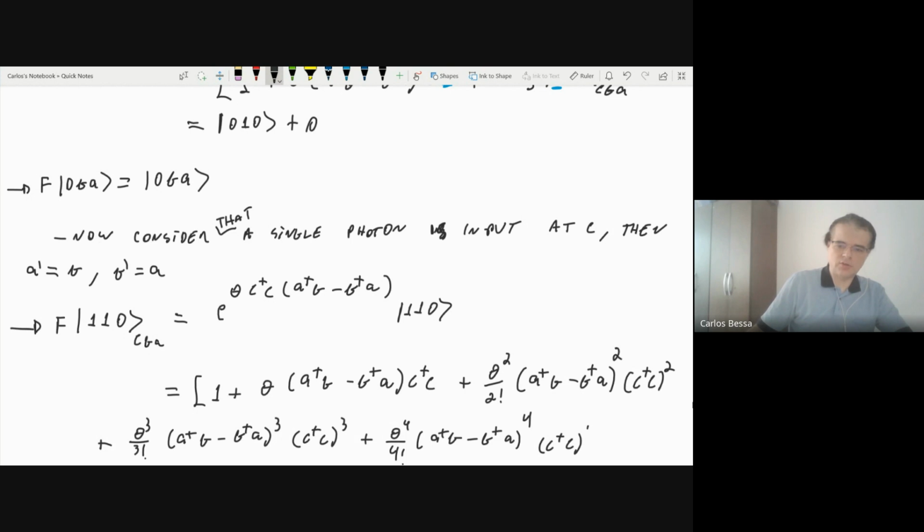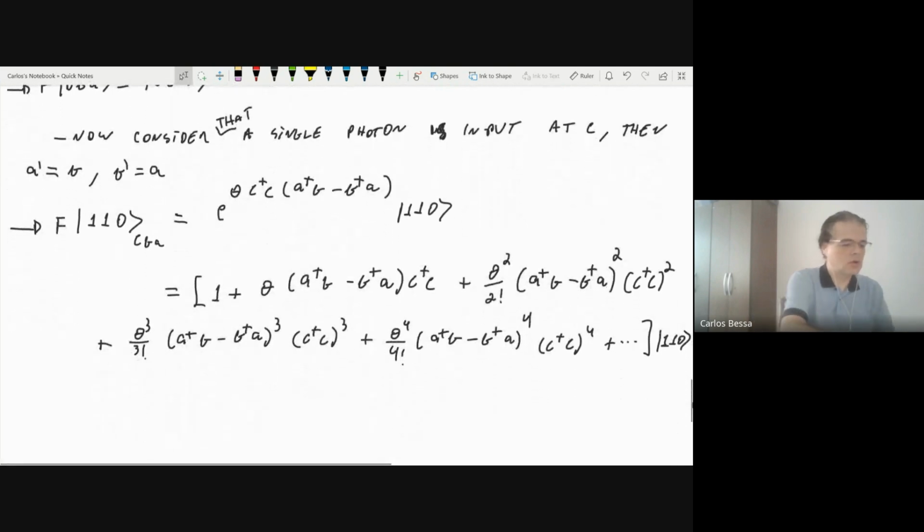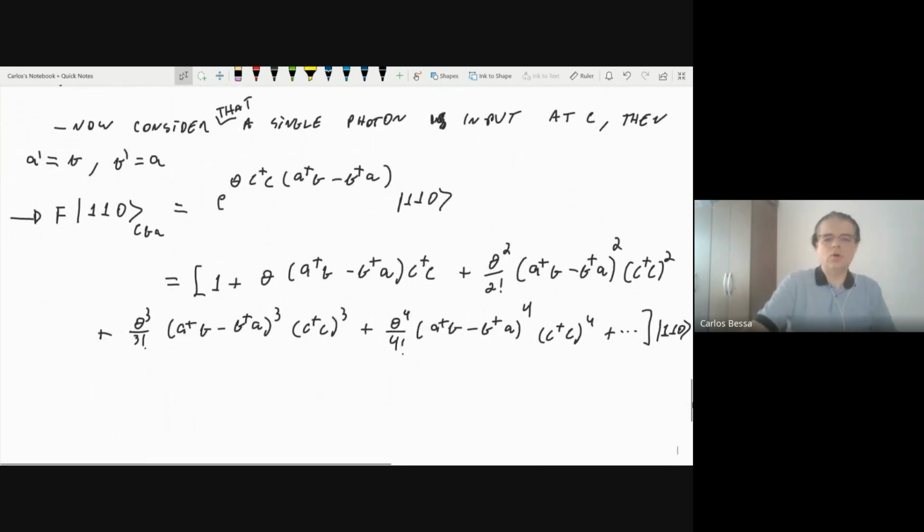C dagger C to the fourth plus the other terms, applied to 1, 1, 0. So let's see all terms.